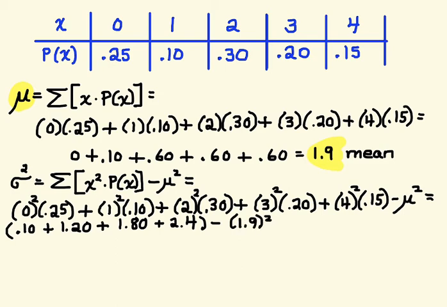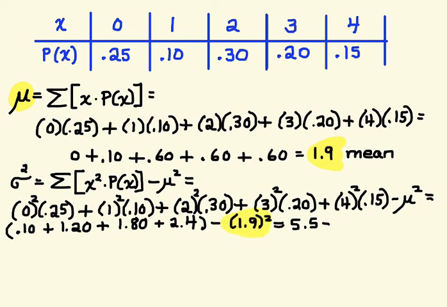squared. So if I put this into my calculator, let's add these up. I'm going to add up these values right here. Okay, so 0.1 plus 1.2 plus 1.8 plus 2.4 gives us a value of 5.5. So this becomes 5.5 minus, and now I'm going to find what is 1.9 squared.